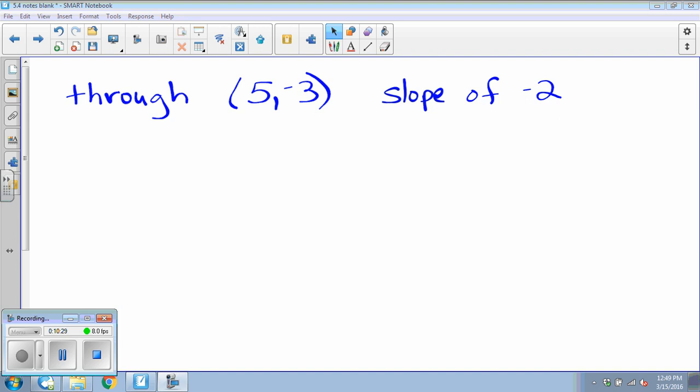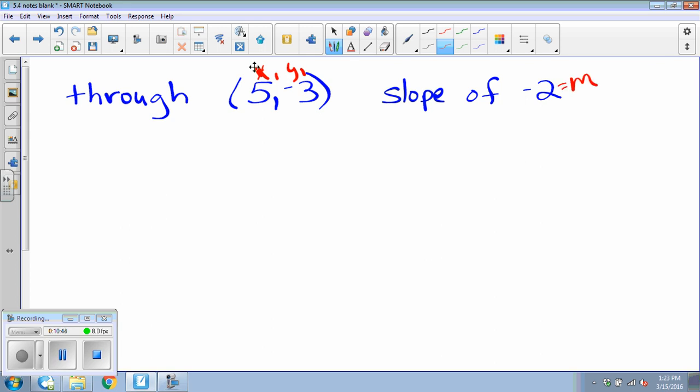So it goes through the point (5, -3), and has a slope of -2. Okay. So the point they gave us is x1 and y1, and this is m. m is -2. So our formula is m equals y2 minus y1 over x2 minus x1.